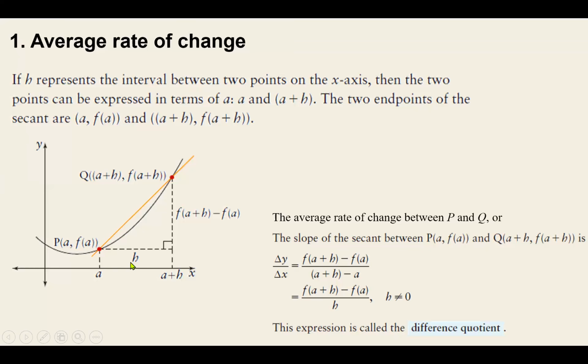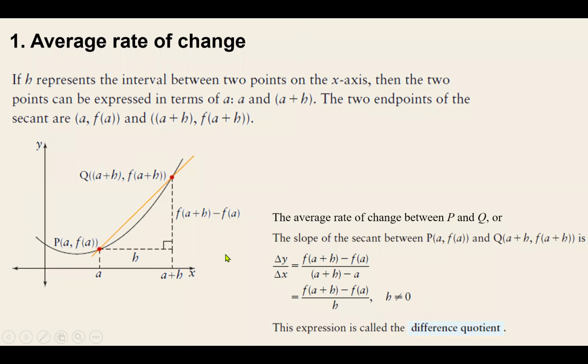And then because the distance between these 2 points is h, then we know the x coordinate of point Q here must be a plus h. You understand? This is just another expression of the average rate of change. Then we know the coordinates of Q is (a plus h, f(a plus h)), right?